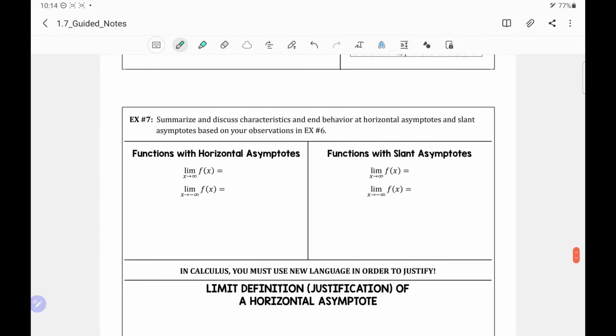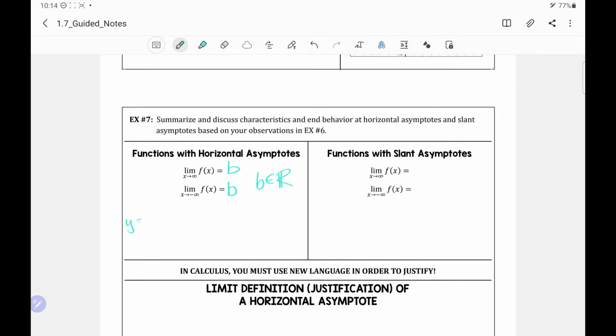So let's come down to this page. Functions with horizontal asymptotes. The limit as x goes to infinity of f of x, it approaches b. We can just call it b. The limit as x approaches negative infinity of f of x, it's still approaching b. Let's just say that b is in the set of all real numbers, because that's necessary, okay?